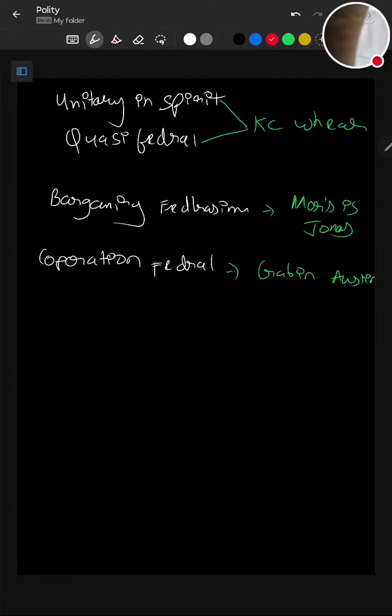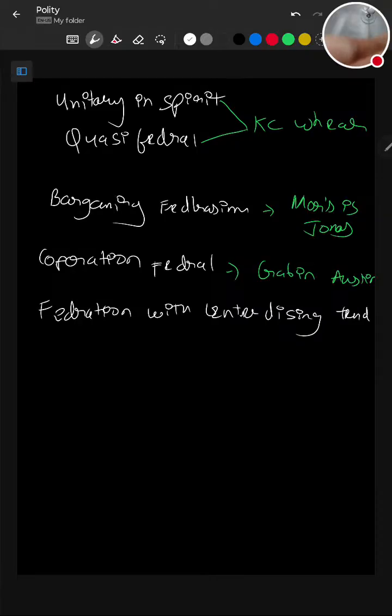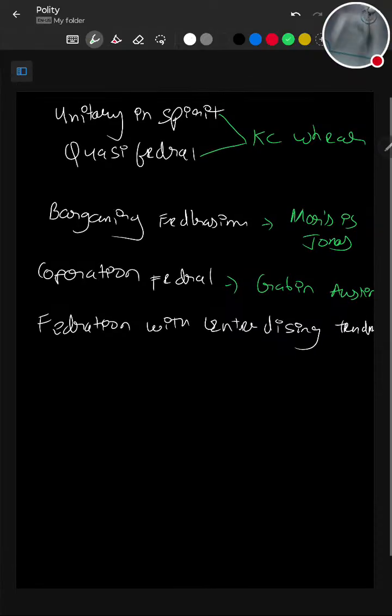Next is federation with centralizing tendency. This is said by Ivor Jennings.